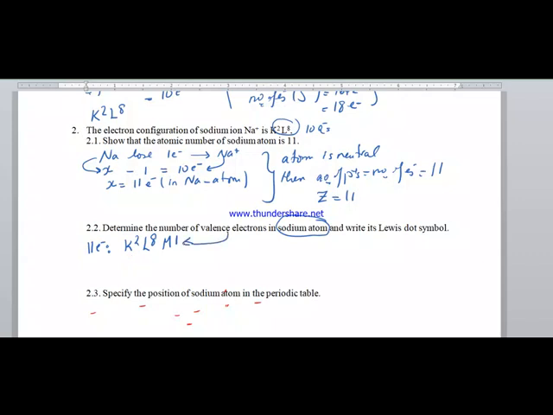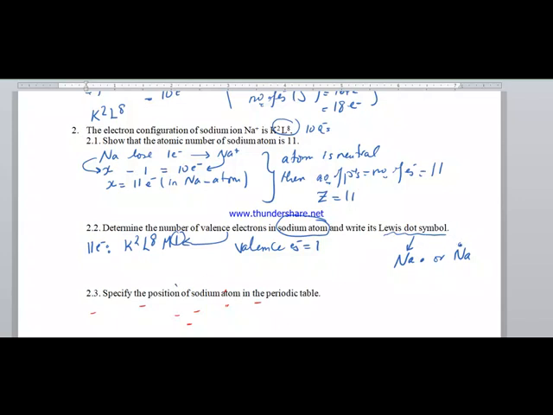The valence electron is the last electron in the outer energy level, so the number of valence electrons is equal to 1. The Lewis dot symbol of sodium: we write the sodium atom and put 1 dot. Also we can write it as Na with a single dot, the 1 valence electron.